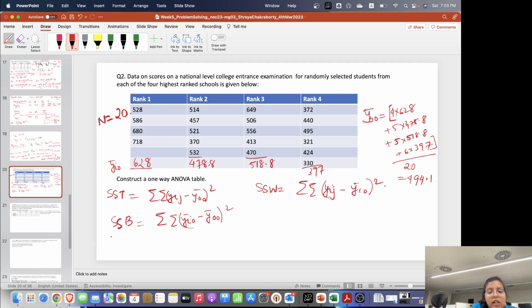SS between is nothing but summation ni, because there's no j term over here, times yi naught bar minus y naught naught bar whole square.